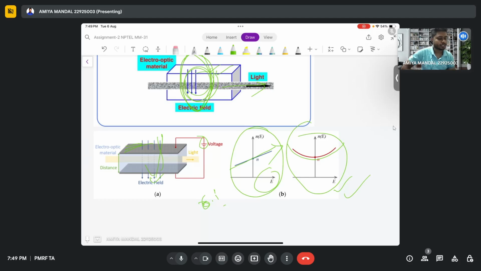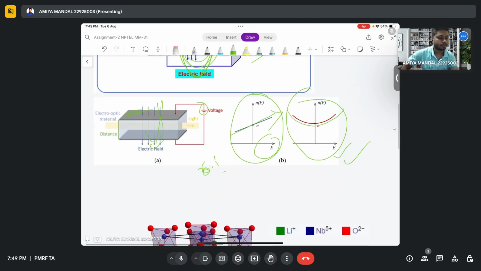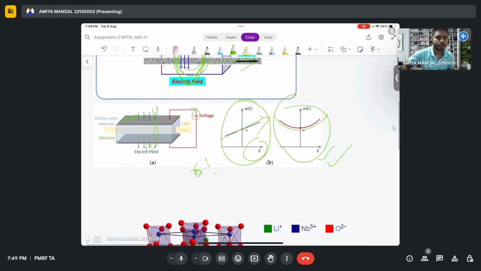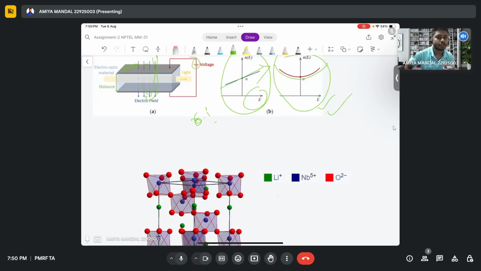This type of behavior is observed after application of electric field in the electro-optic material, how polarization is changing, due to which the refractive index of the material is changed. This behavior depends on the structure of the material. That's why it is important.